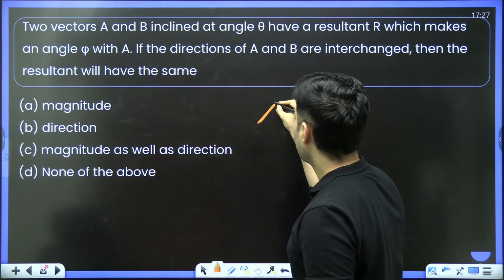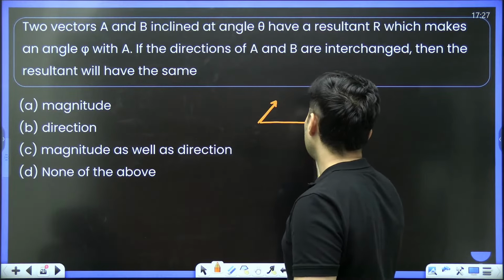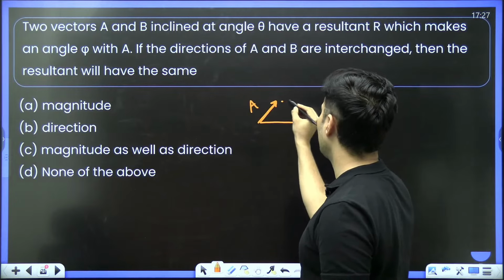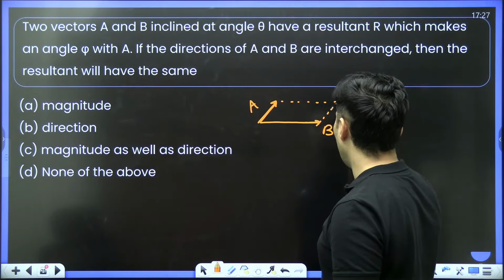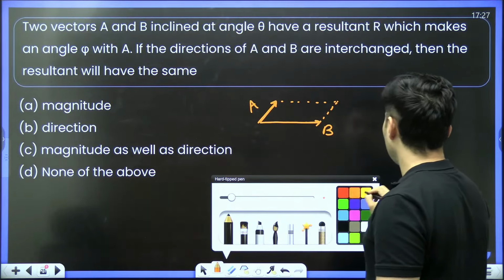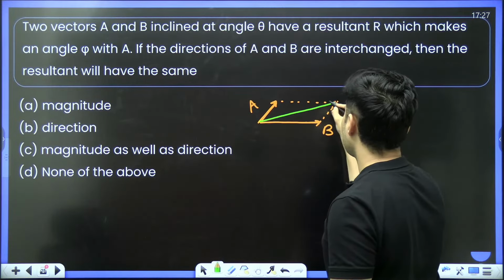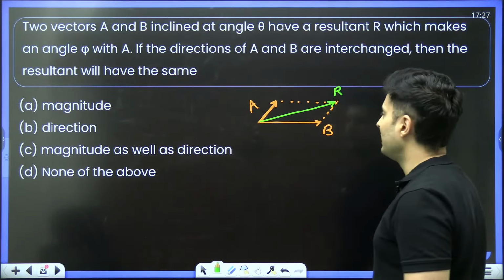Imagine this is vector A, this is vector B. If I use parallelogram law, then I will get this as my resultant vector.